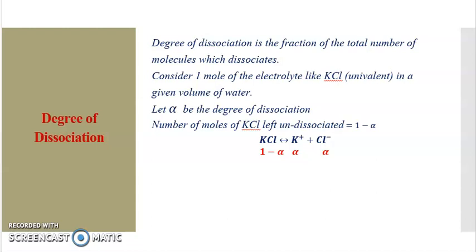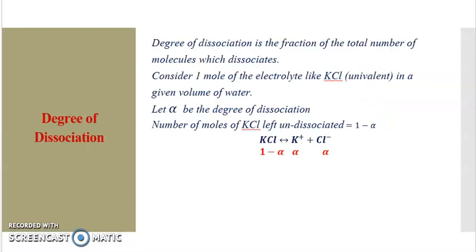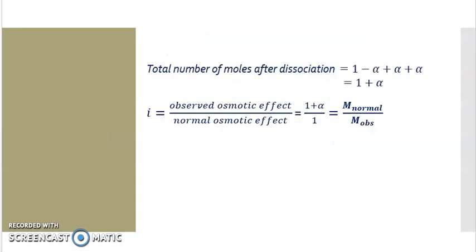Then the total number of moles in solution after dissociation will be 1 plus alpha moles of solute, obtained by adding all these values: 1 minus alpha plus alpha plus alpha, which is 1 plus alpha.